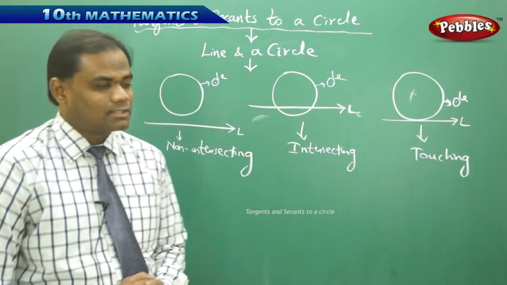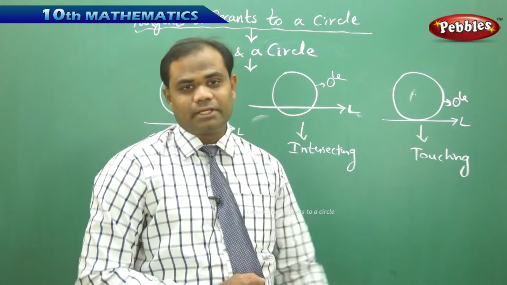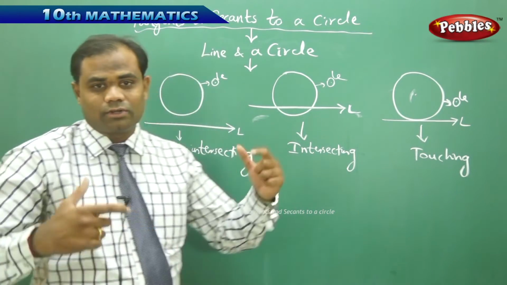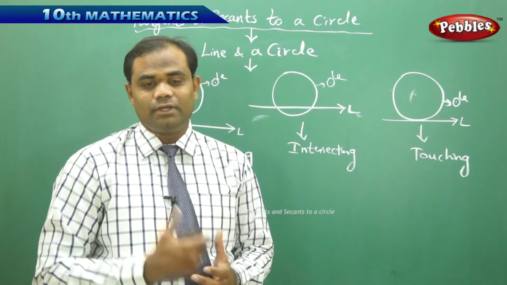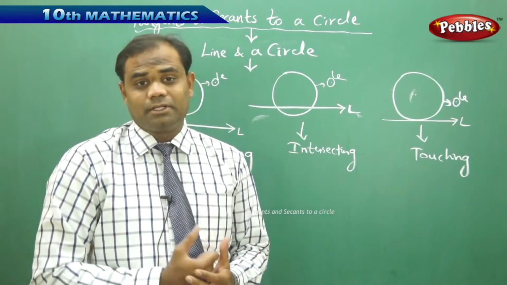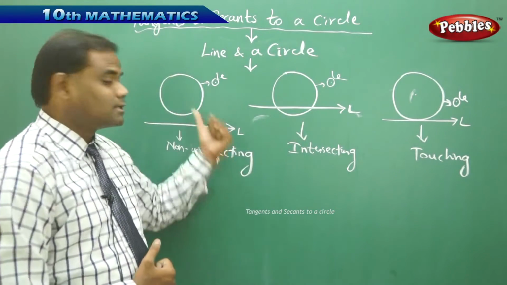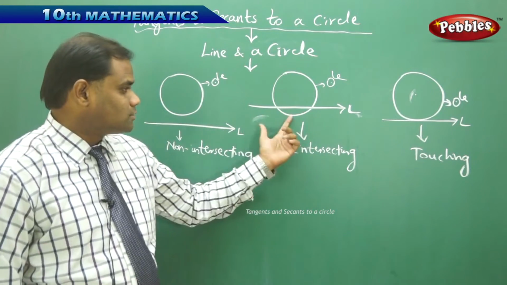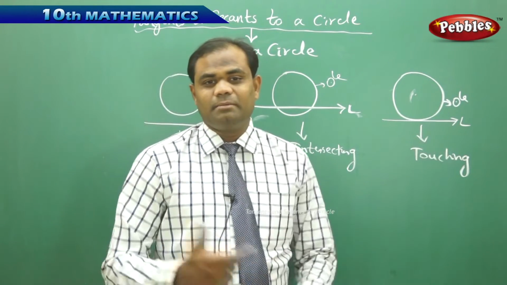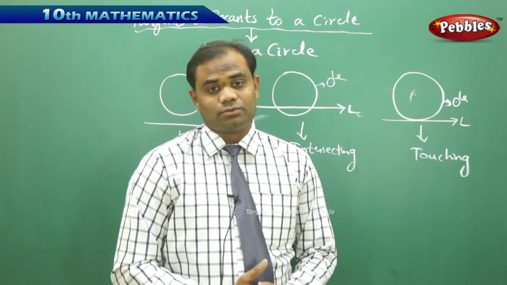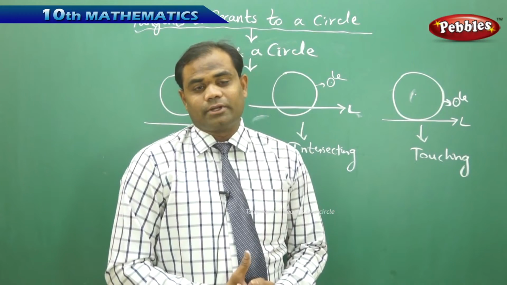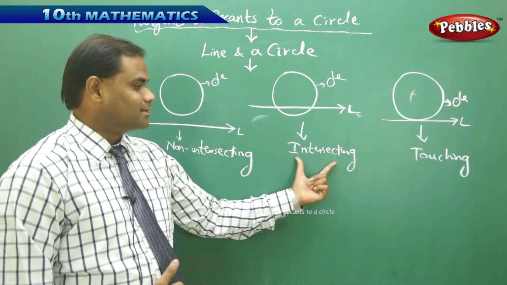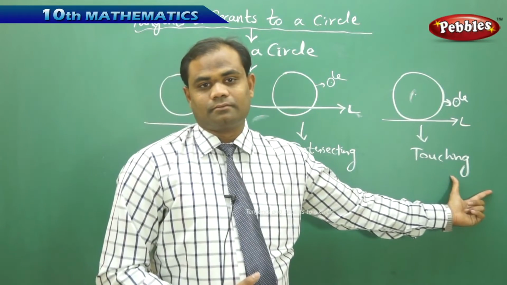So these two are very special cases which we take into consideration, because when the line and the circle do not intersect, mathematically we assume that the line and the circle have no relation, because they do not intersect. In the case of intersecting and touching, we have many mathematical properties which we are going to study as the geometrical understanding of the line and the circle intersecting and touching.